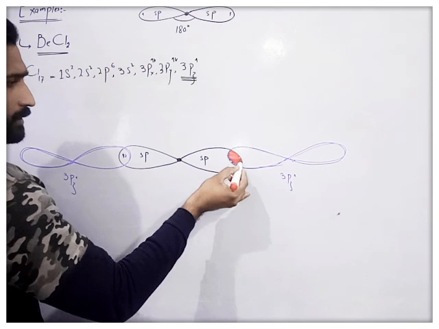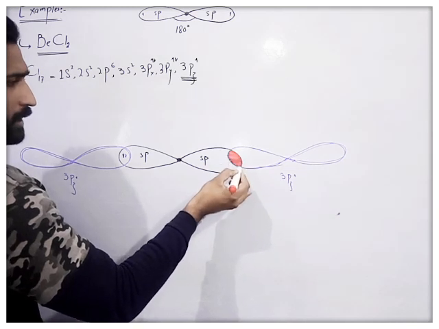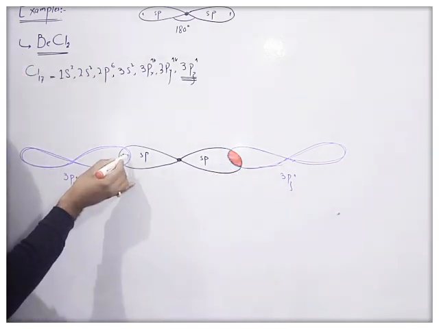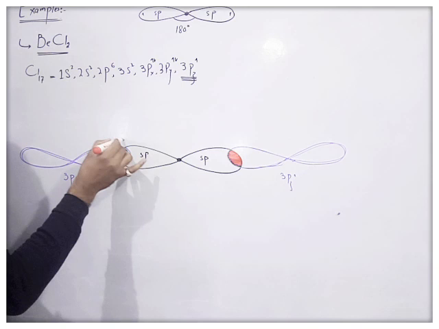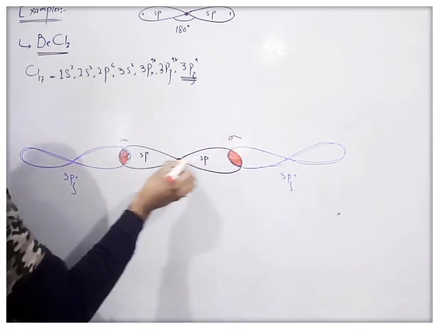And we know that the bond which is formed due to the linear overlapping of partially filled atomic orbitals like sp and 3pz is a sigma bond, and also a sigma bond.